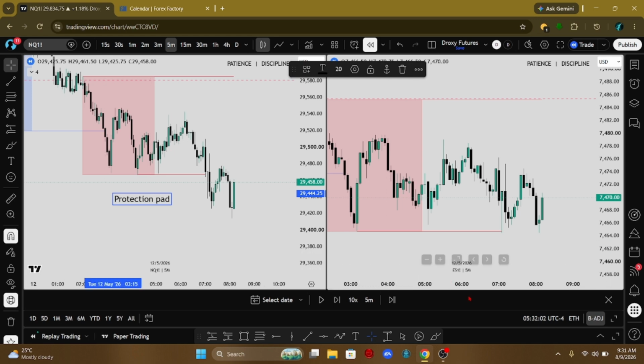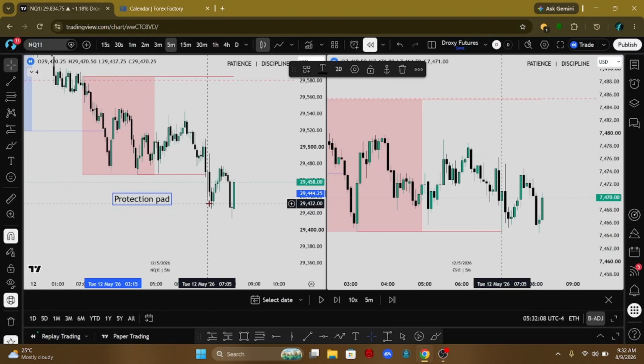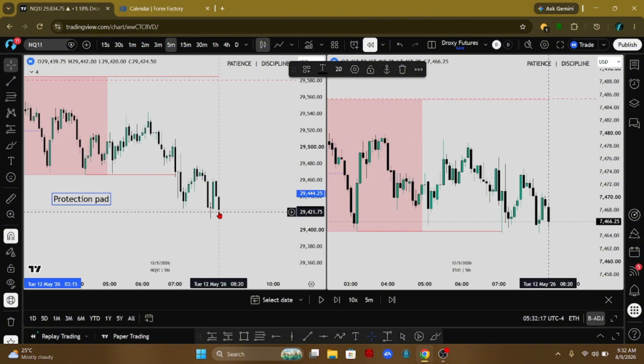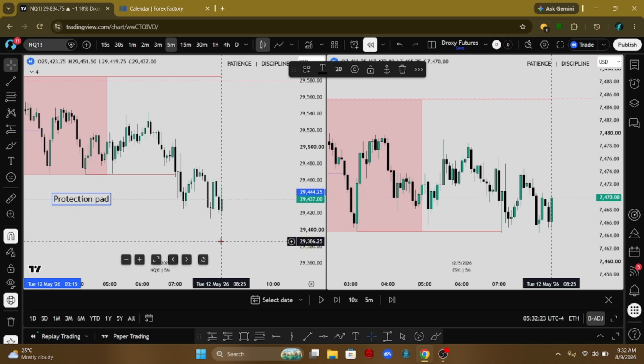In a case like 12 May, we would be around 8:25 because that's the candle before the news release, which is this candle here.